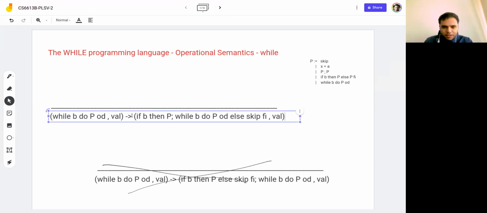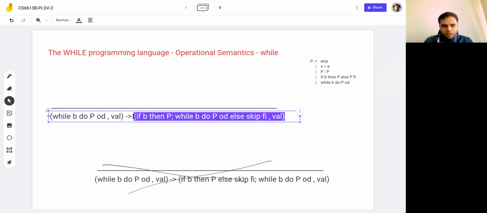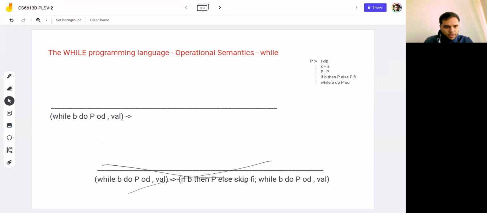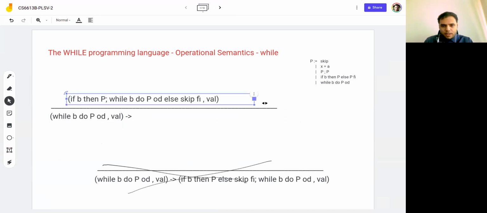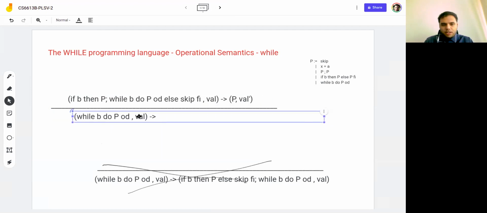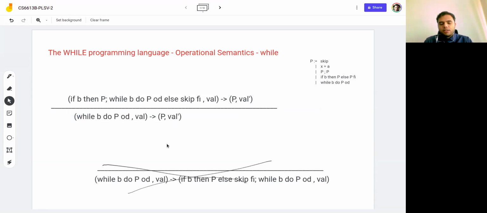I can rewrite this rule, so I can take this thing, put it up here, and say that if from here you can transition to something like p prime val prime, then you can do the same transition from here. So this can alternatively be a while rule for us.